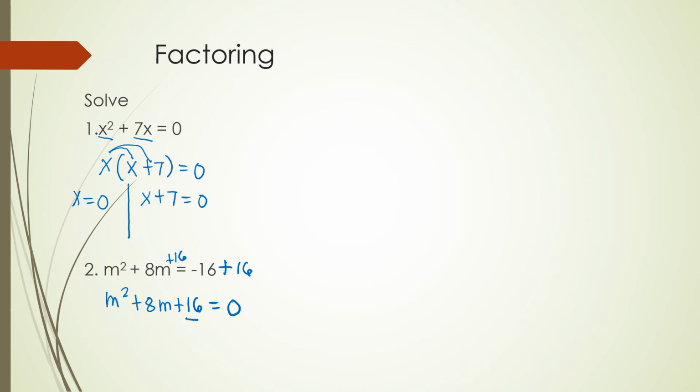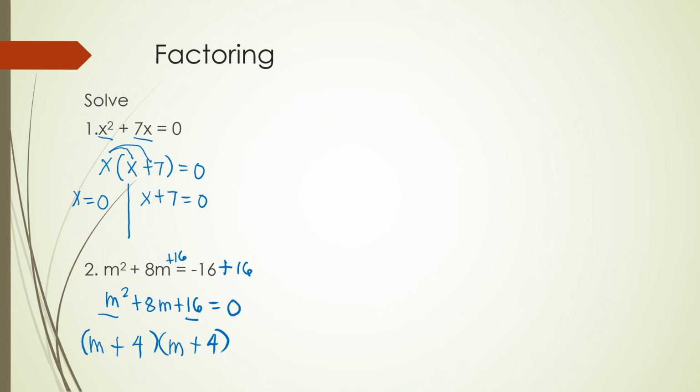Now, ano yung factor ni 16? Factors ni 16. Nagagamitin natin is 4 and then 4. Factors of m squared, that is m and then m. Now, parehas silang positive.